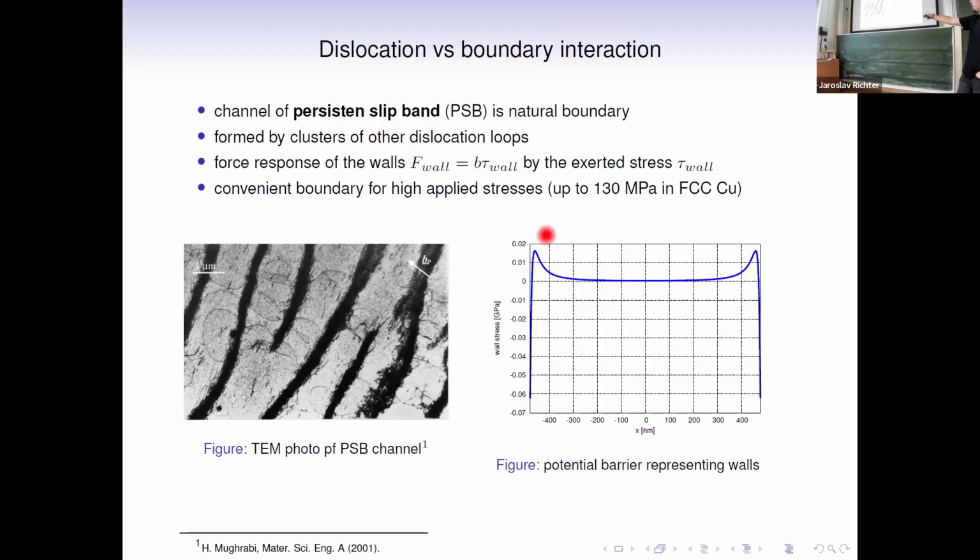It creates a potential barrier which prevents the dislocation from bowing out through the walls. So this is the modeling description, and this one is a TEM photo of the effect which we try to mimic.